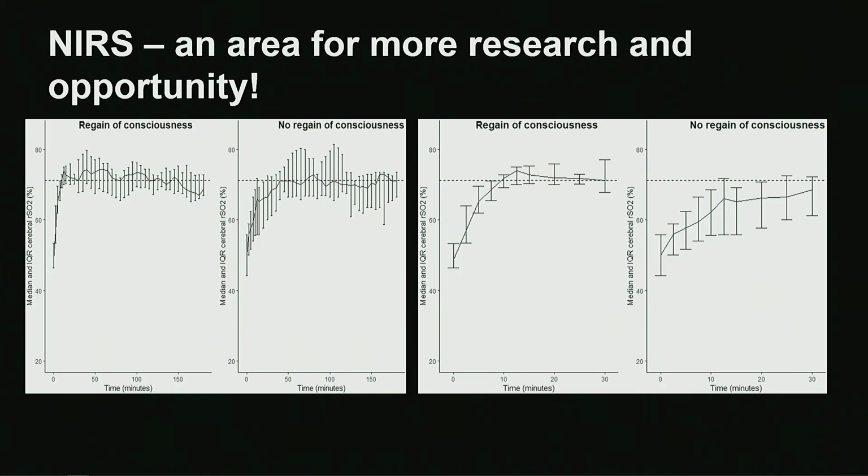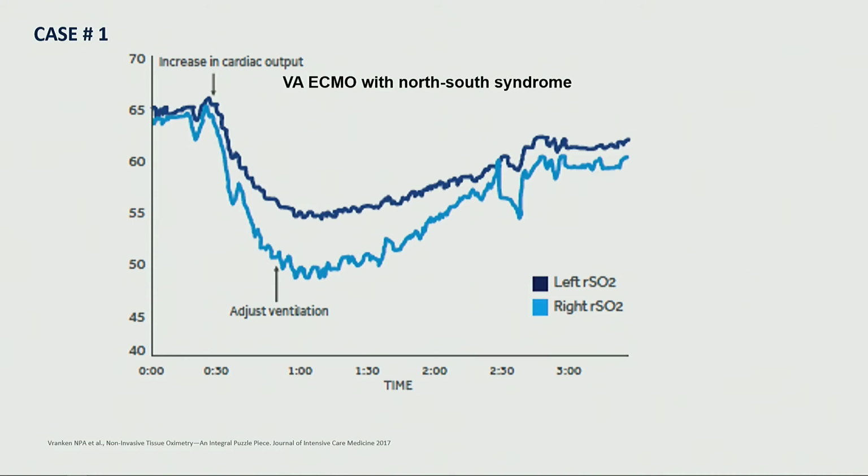That's a really interesting use. I will say that it's difficult to translate that into every single patient that will be having cardiopulmonary resuscitation, but it's an interesting piece of data.